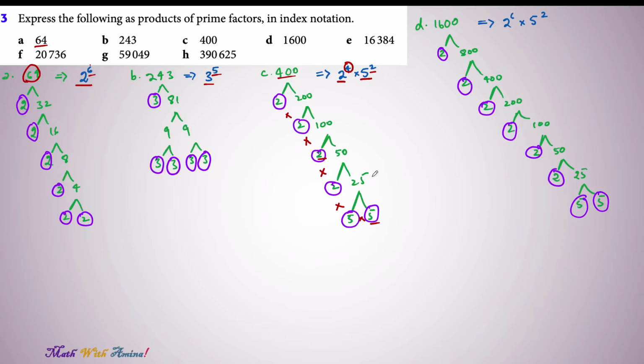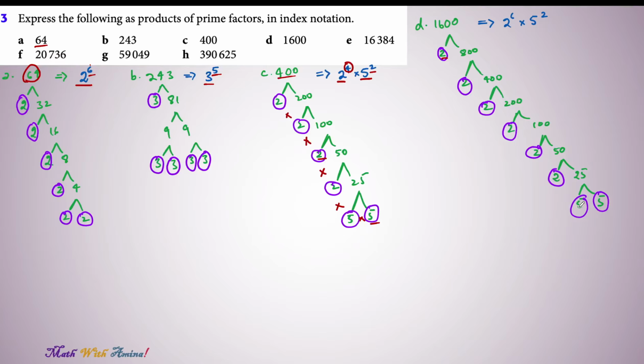Then we have 1600. So 1600 is expressed as a product of prime factors. After that, we look for the prime factors. In here, those prime factors are encircled in purple. So we see if it is one prime number or more than one prime number. We are having two prime numbers, 2 and 5. So the bases would be 2 and 5, 2 multiplied by 5.